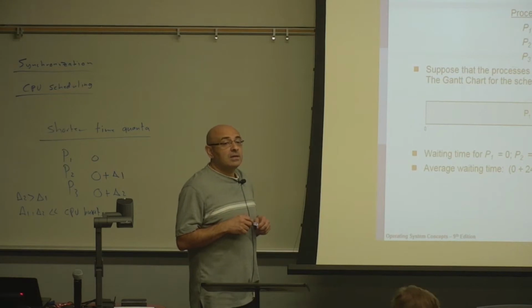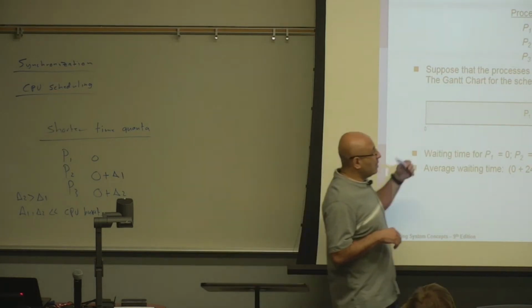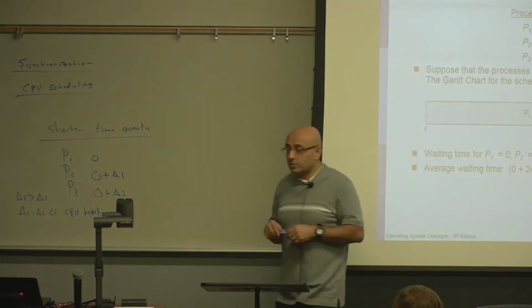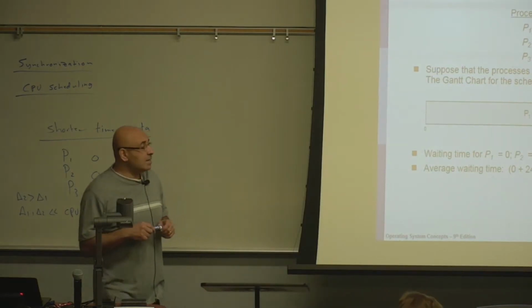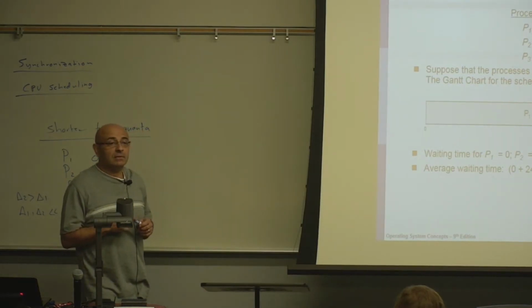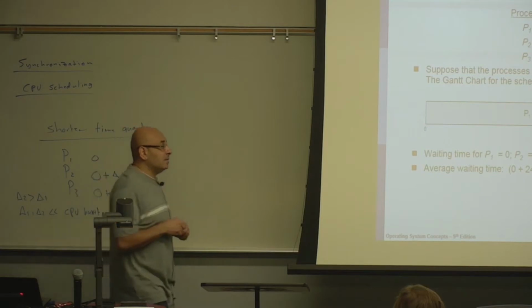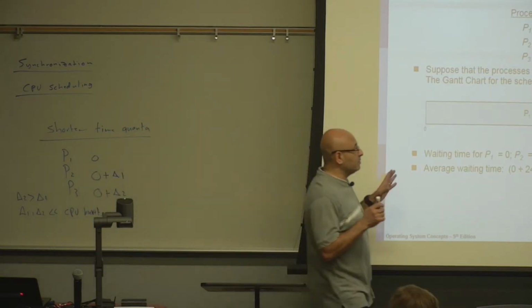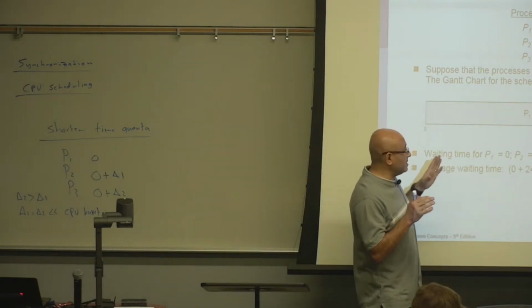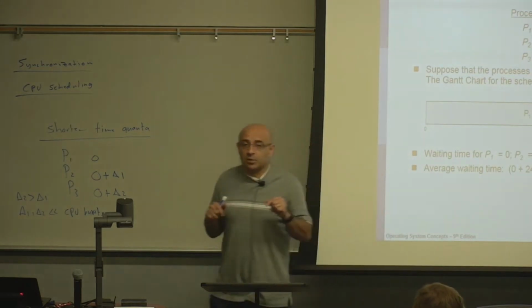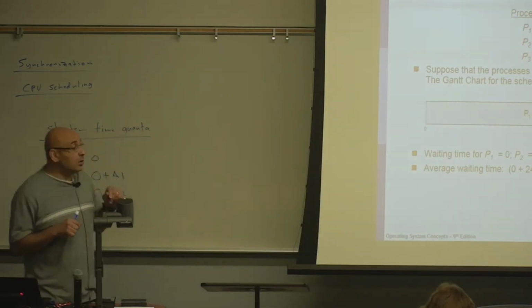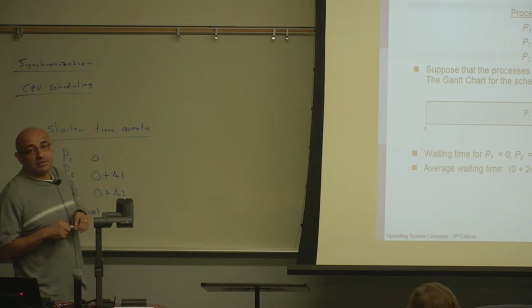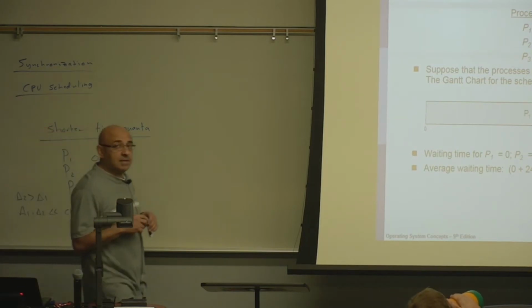No. So how would you order them or schedule them in order to minimize the average waiting time? Shorter ones go first. Yeah, exactly. This is very intuitive, right? If our objective is minimizing the average waiting time, we must do the shorter jobs first. And in fact, this is going to be the next algorithm.